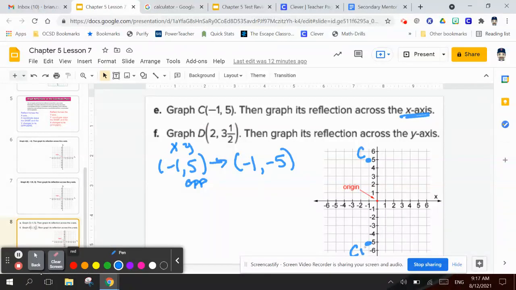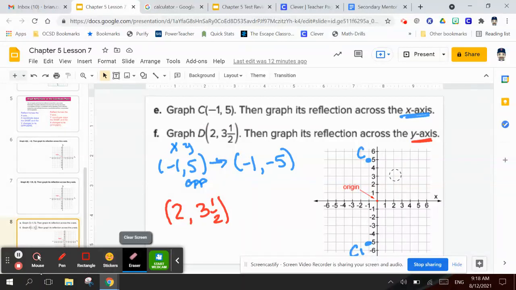Graph D at (2, 3.5), and graph its reflection across the y-axis. So here we're going to graph letter D. We start at 0, we go over 2, and up 3.5. Sorry, that's not quite a half. We'll get right on that and fix it.